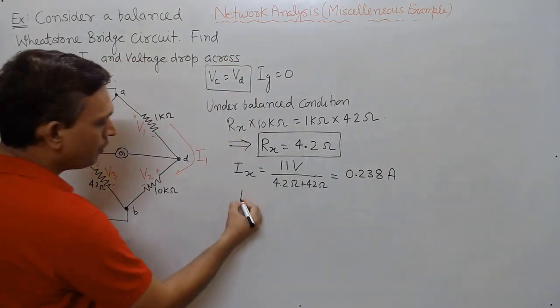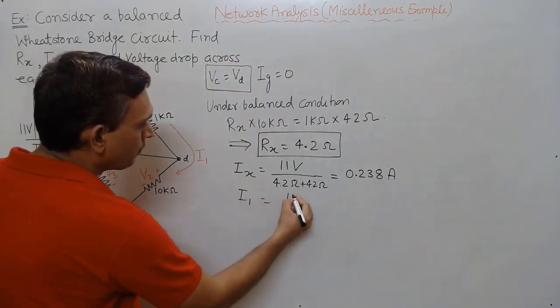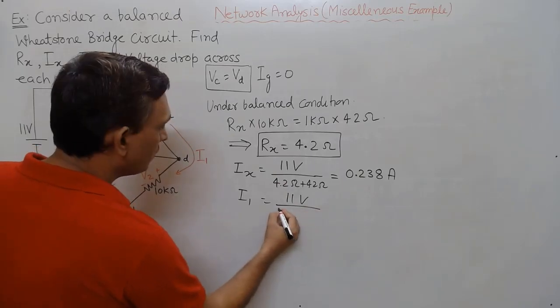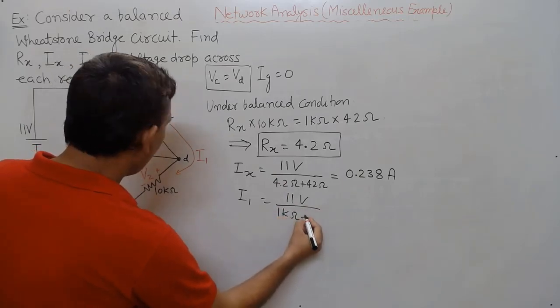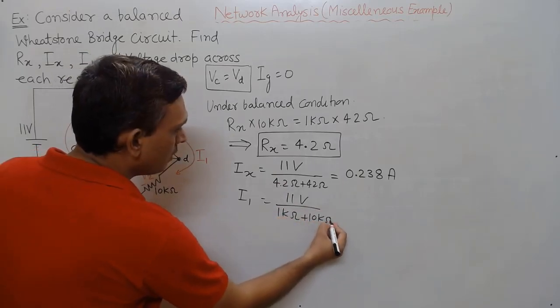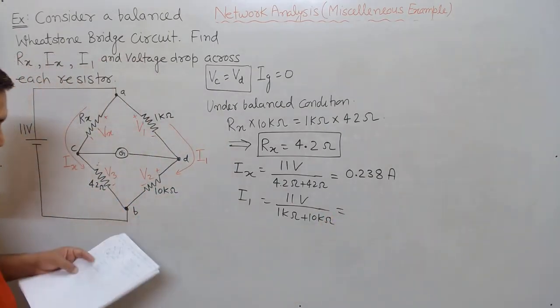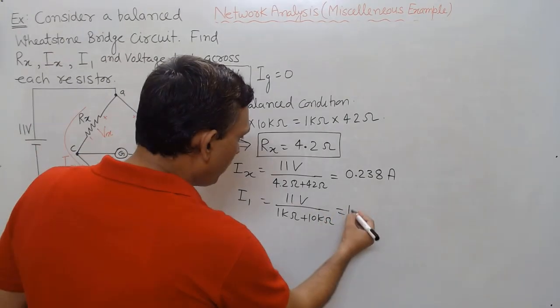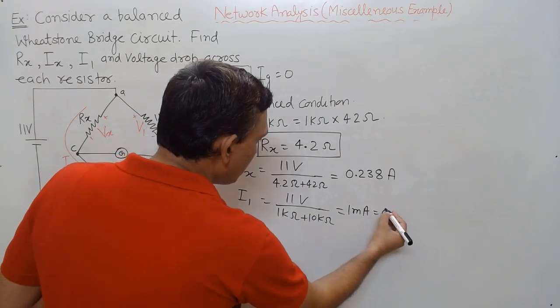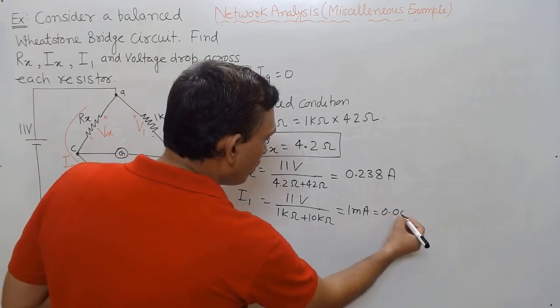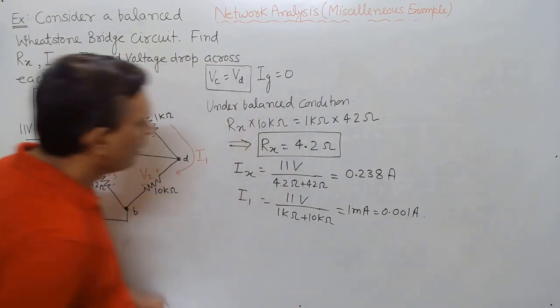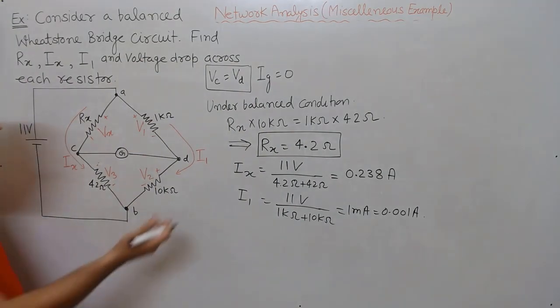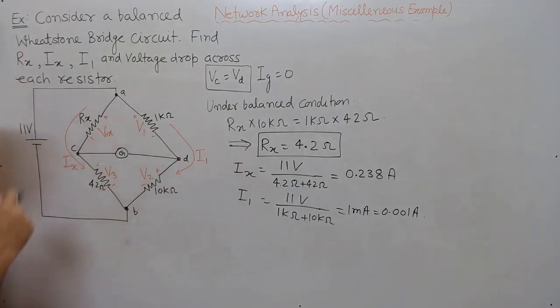And what will be I1? 11 volt by 1 kilo ohm plus 10 kilo ohm. So if you solve this, this will be 1 milliampere, that is 0.001 ampere. So that is the current Ix and I1.